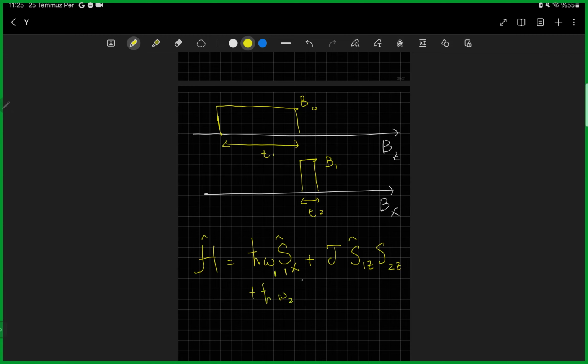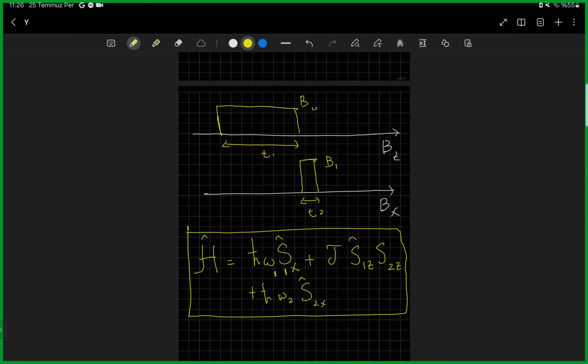This is the first spin and the second spin. So this is your Hamiltonian, to start off by writing the Hamiltonian for your spin system. So you have the first spin, two nuclei, two electrons, two NV centers close together, interacting through some interaction term. The first spin sees a magnetic field omega 1, the second spin sees a magnetic field omega 2, and with this interaction, you write down the initial quantum state and see how the system evolves in time.